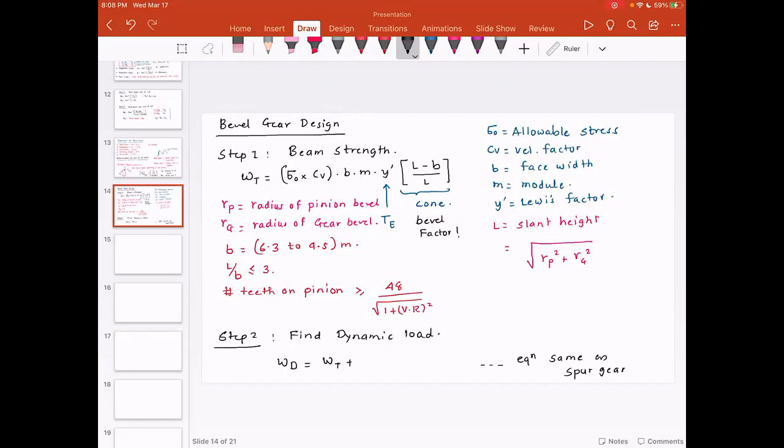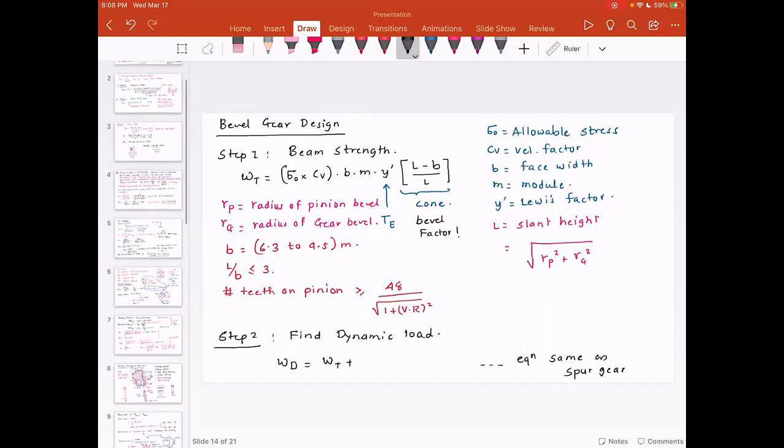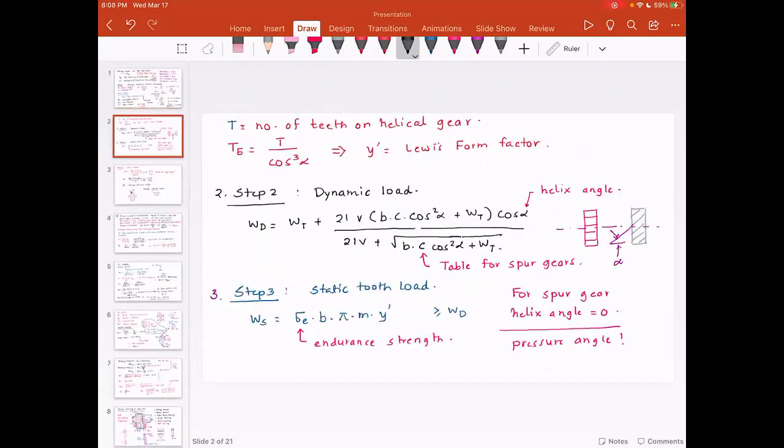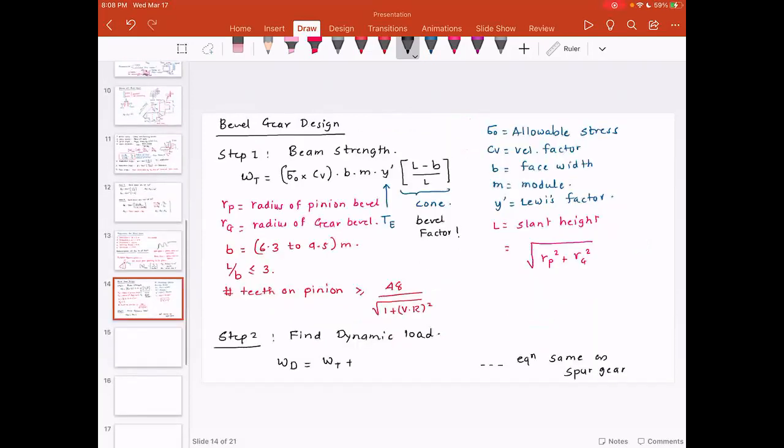A quick recap, we looked at the equation for the helical gear. So if you substitute the value of alpha equal to 0 in the dynamic load equation, you will get the equation for the spur gear, and that is the same equation that we are going to use.